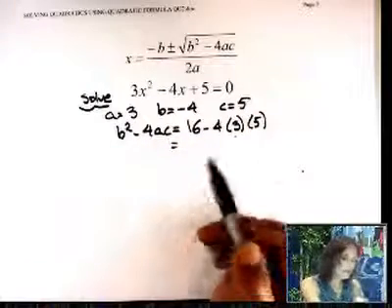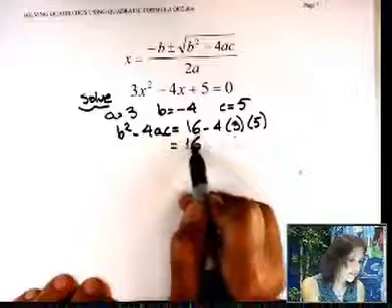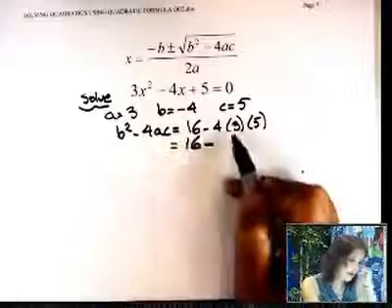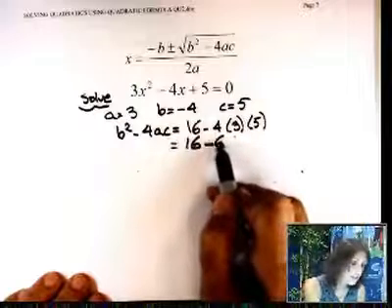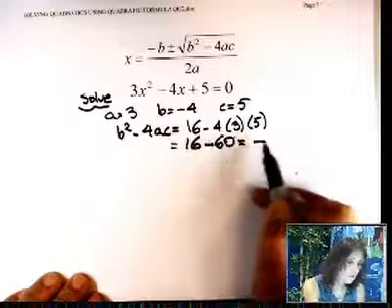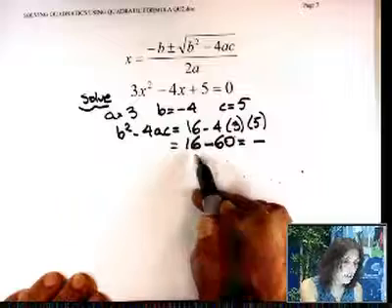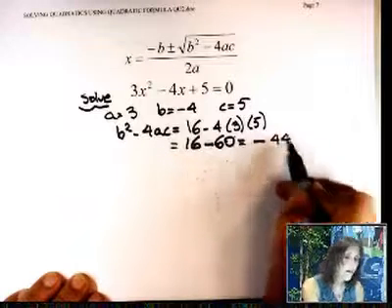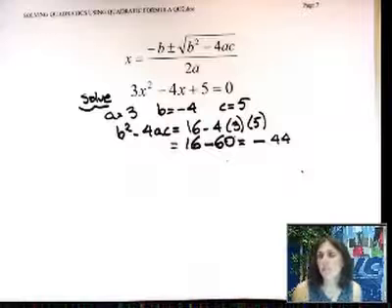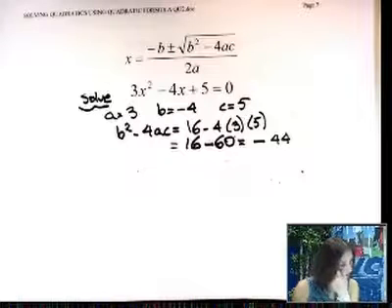This one gives you 16 minus 3 times 4 is 12, times 5, that's 60. 16 minus 60 is negative 44.